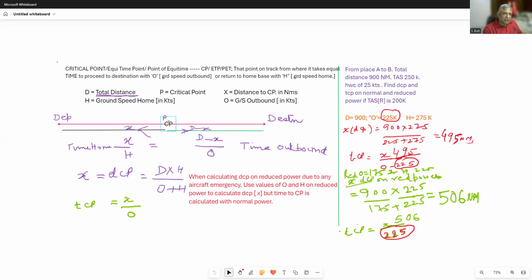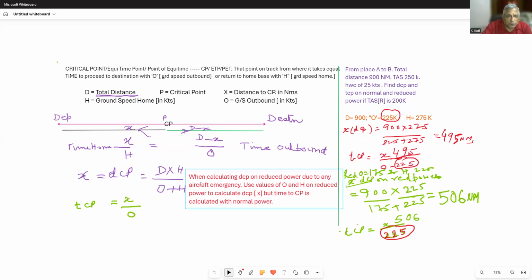In case of an emergency, just look at your watch. If this point has passed, carry on. If not, return home. And you will be taking the least time out of these two. If exactly at this point, you have a choice. Okay? Then find out where will you get better facilities.